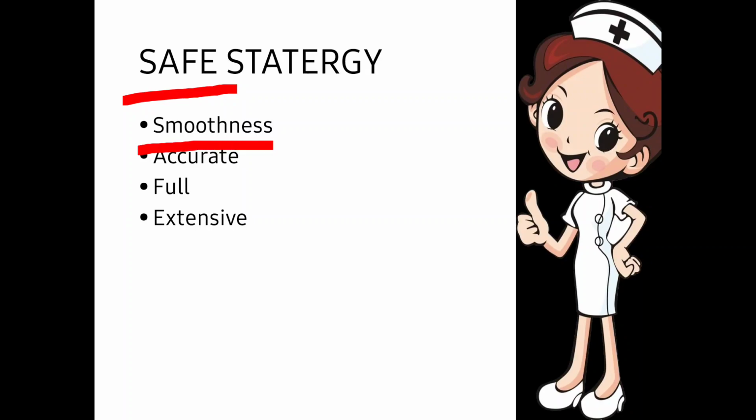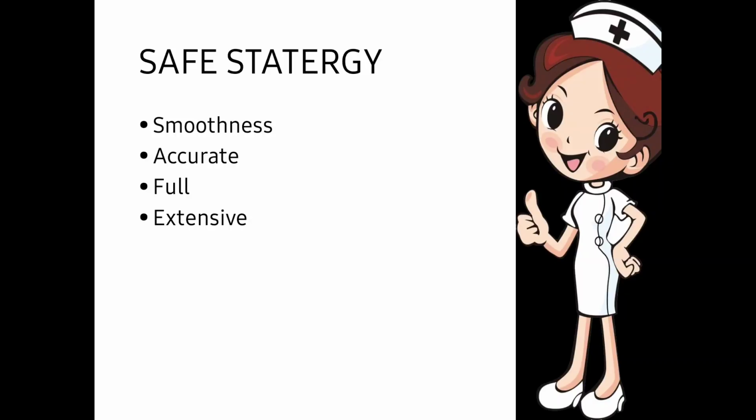S, smoothness. Smoothness should take place when the patient moves his eyes. The eyes will smoothly move to the direction in which the light moves. A, accurate. An accurate result should be there when the examiner is moving the torchlight to the right side at point 2, then the eyes will show the movement at point 2. They will not show the movement at point 3 or any other point.